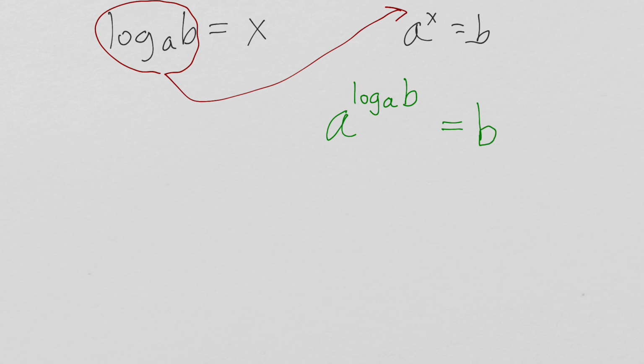And now we have another idea or rule where a base raised to a log of the same base, I don't remember the name of it, but basically this resolves to just B. And again, I have B equals B, which is true.